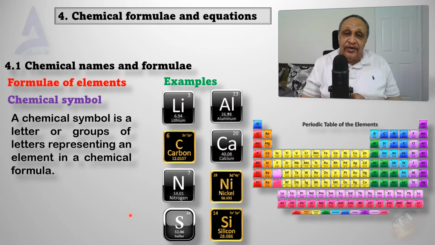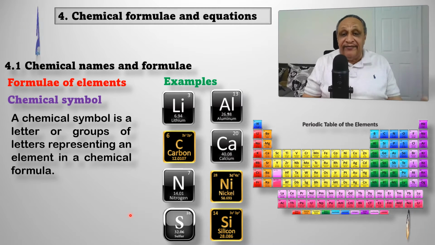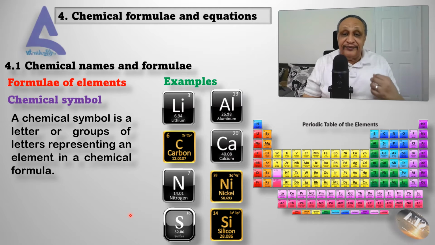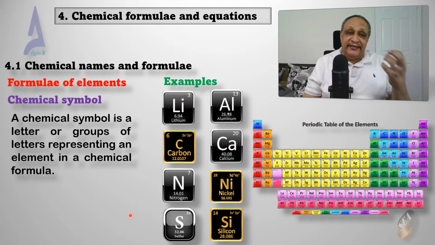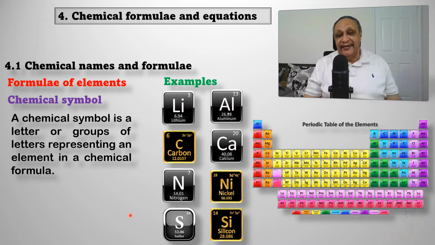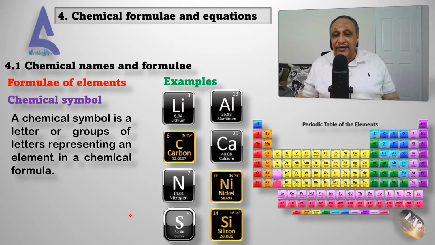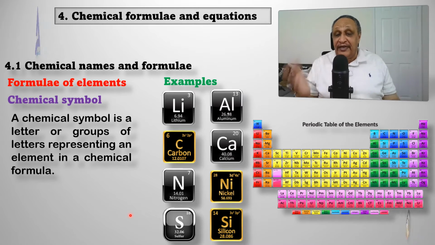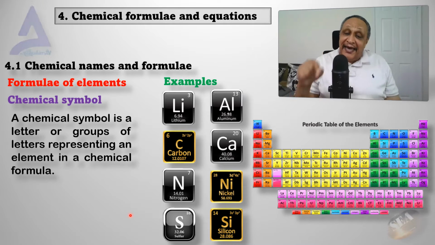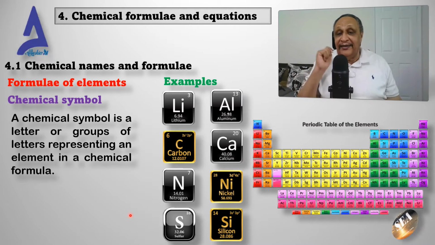Also, we have sulfur. Sulfur is S because sulfur starts with S. If you would like to apply that to silicon, it's going to be two items that have S. In order to differentiate between them, we add I to silicon, so it becomes Si.